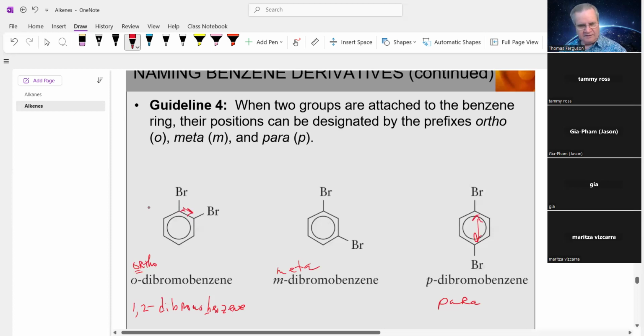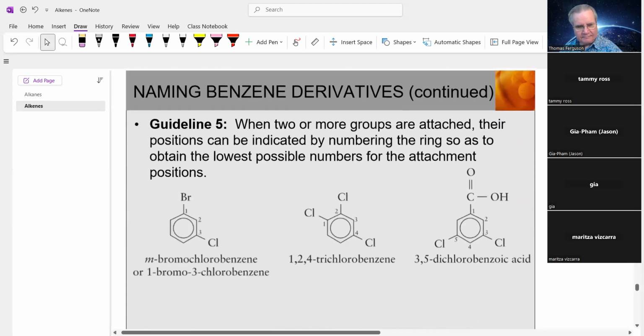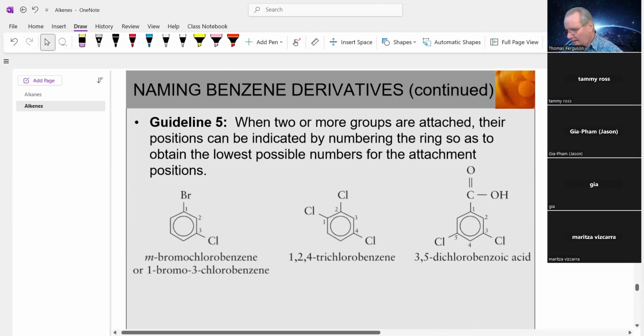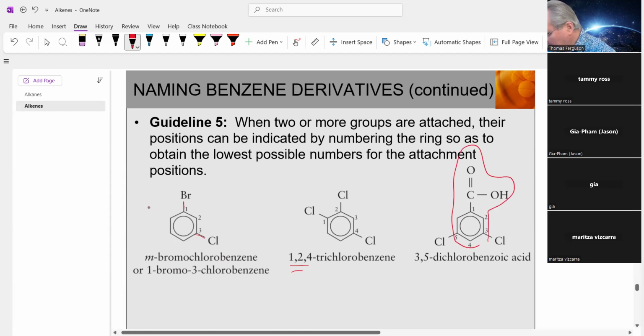And meta is in the middle. That's the way I remember these. You can only do this if there are 2 branches off the benzene. If there are 3, then we revert back to the numbering. And in this case, there are 3, but the base, instead of benzene, is going to be benzoic acid.